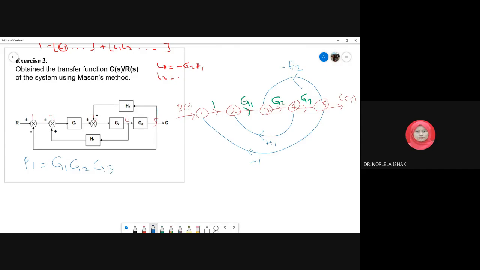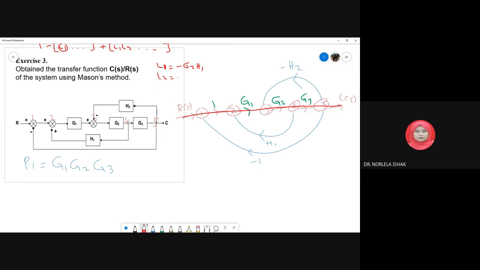Correct? There is only one route from input to output. So we have P1.